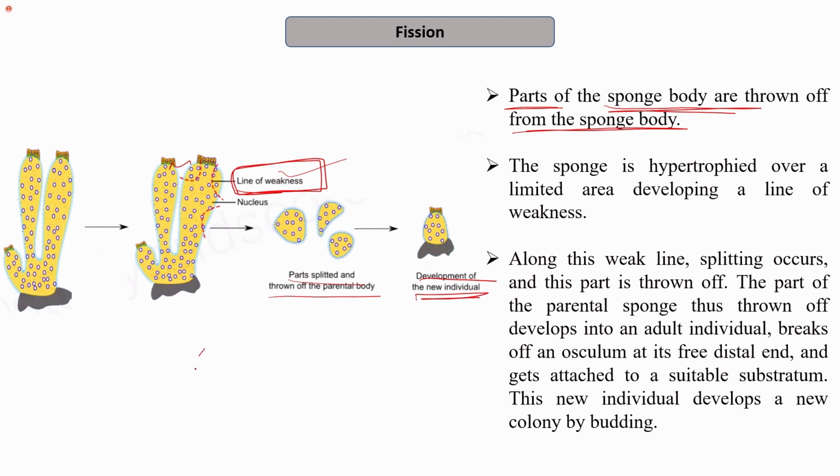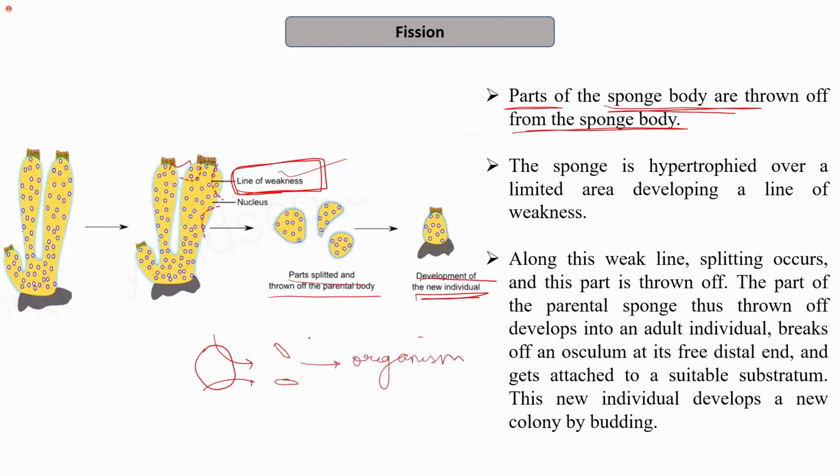Fission involves the dividing of anything into different parts. This pinching off takes place due to the line of weakness, and this part is created and developed into a completely new organism.